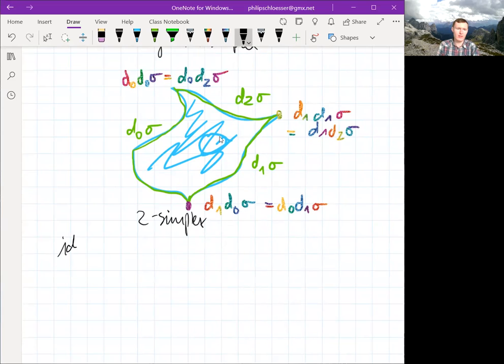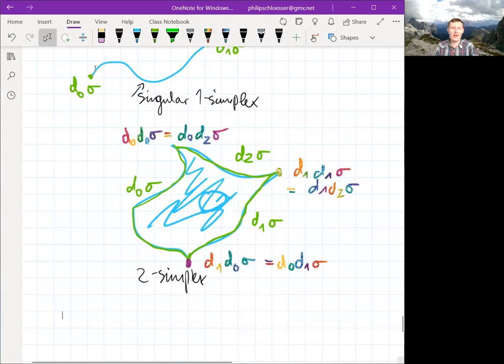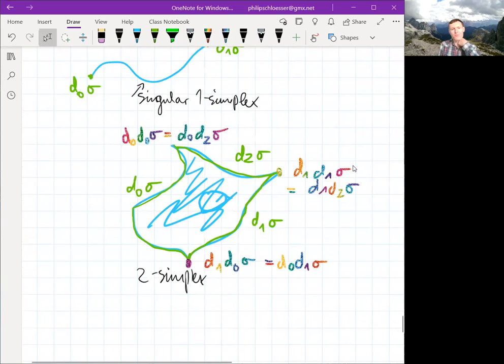Yeah, and the question is if we can characterize our space X just using singular simplices. And well, we've already defined these face maps, and these face maps are themselves n-1 simplices, or then n-2 simplices.